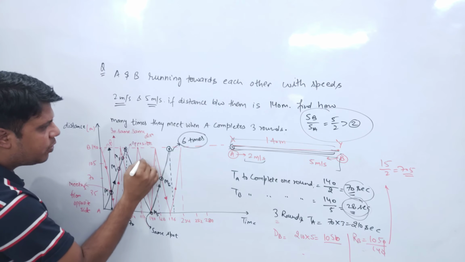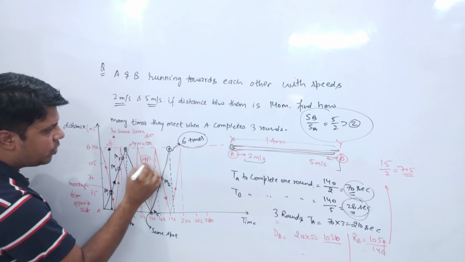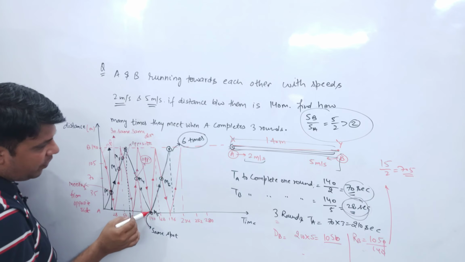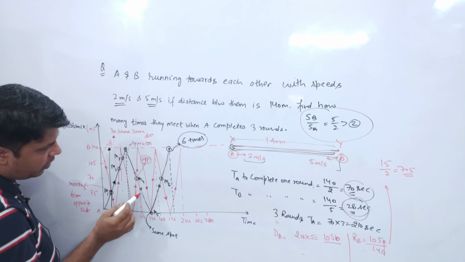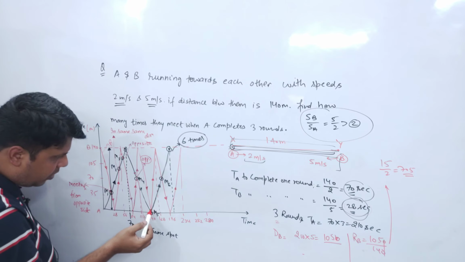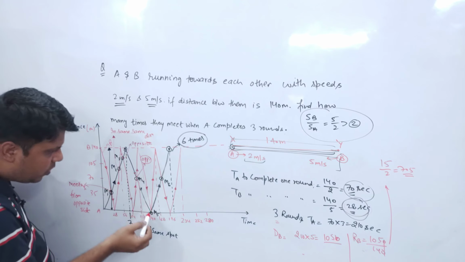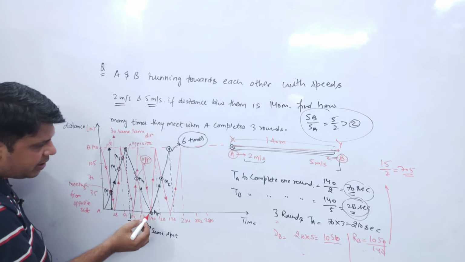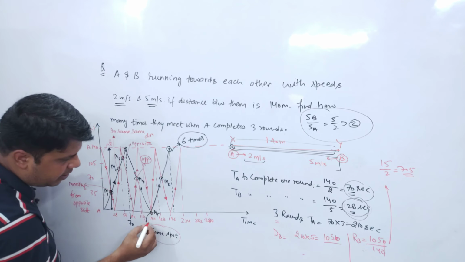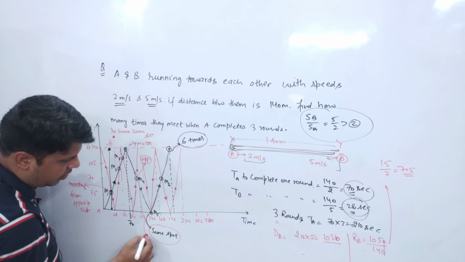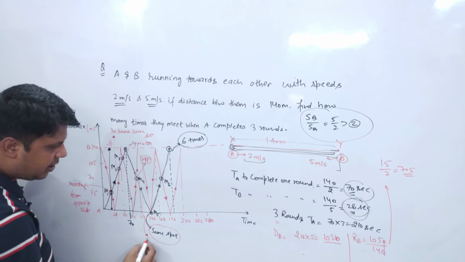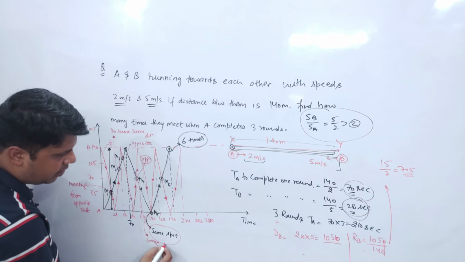So M4 is also opposite, right? Now the fifth meeting point. A is also coming to the same spot and B is also coming to the same spot. So this is the same direction spot. ठीक है, तो this is same meeting, same direction.